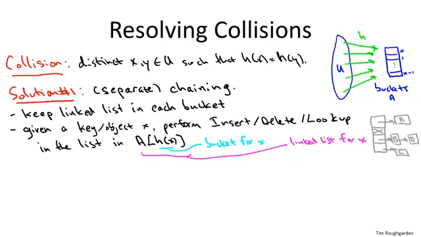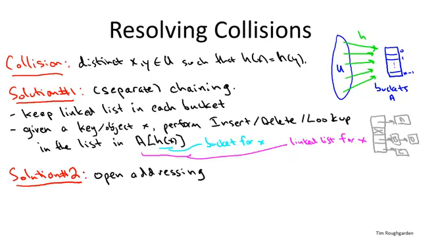The second solution, which is trickier to talk about mathematically, but still quite important practically, is called open addressing. The principle in open addressing is you're not going to use any space for pointers. You're not going to have lists. You're only going to have one object per bucket of the array. So now the question is, what happens if you try to insert Daniel and you invoke the hash function on Daniel and it takes you to a bucket that already contains Bob?